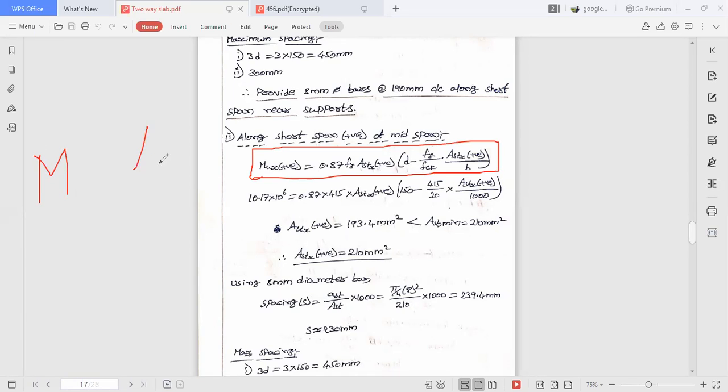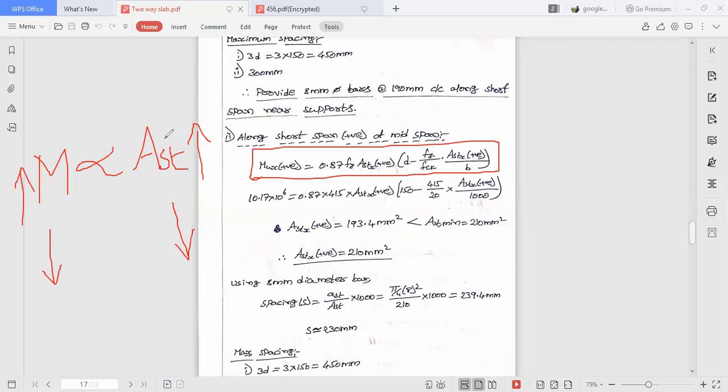Moment and steel quantity, the relation between these two are directly proportional. Whenever bending moment increases, the area of tension reinforcement will also increase. Whenever bending moment value reduces, the area of tension reinforcement also reduces.